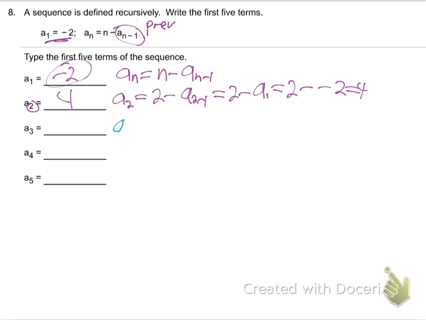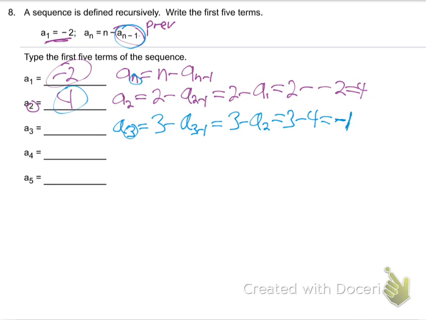Let's keep going. What's A sub 3? Well, it means plug in a 3 for n, right? Because this is n. 3 is right there. So plug in 3 for n. So that's 3 minus A sub 2. 3 minus, what's A sub 2? 4. See how that back part is always the previous term? 3 minus 4 is -1.